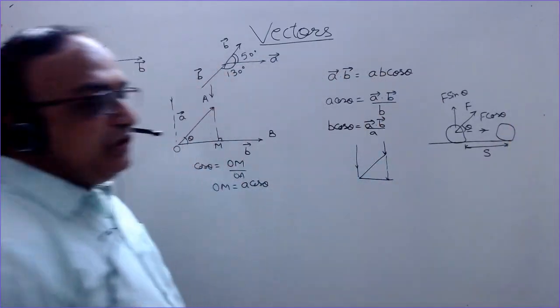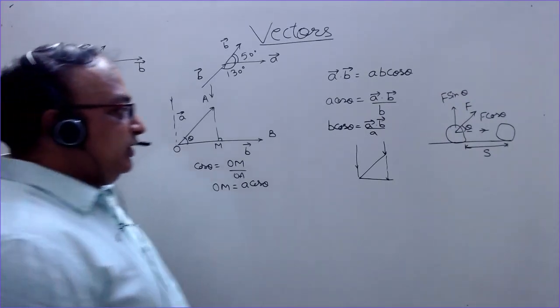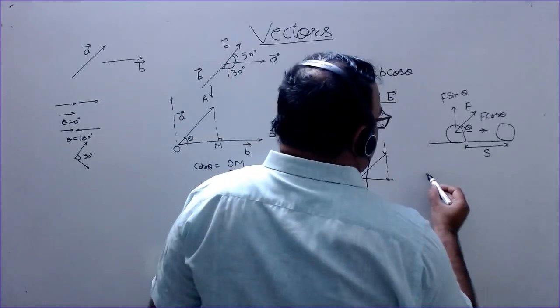So which component is responsible for movement of the body? Obviously F cos theta, as the component in the direction or opposite to gravity is not responsible for making the body move horizontally. So what is the work done here?